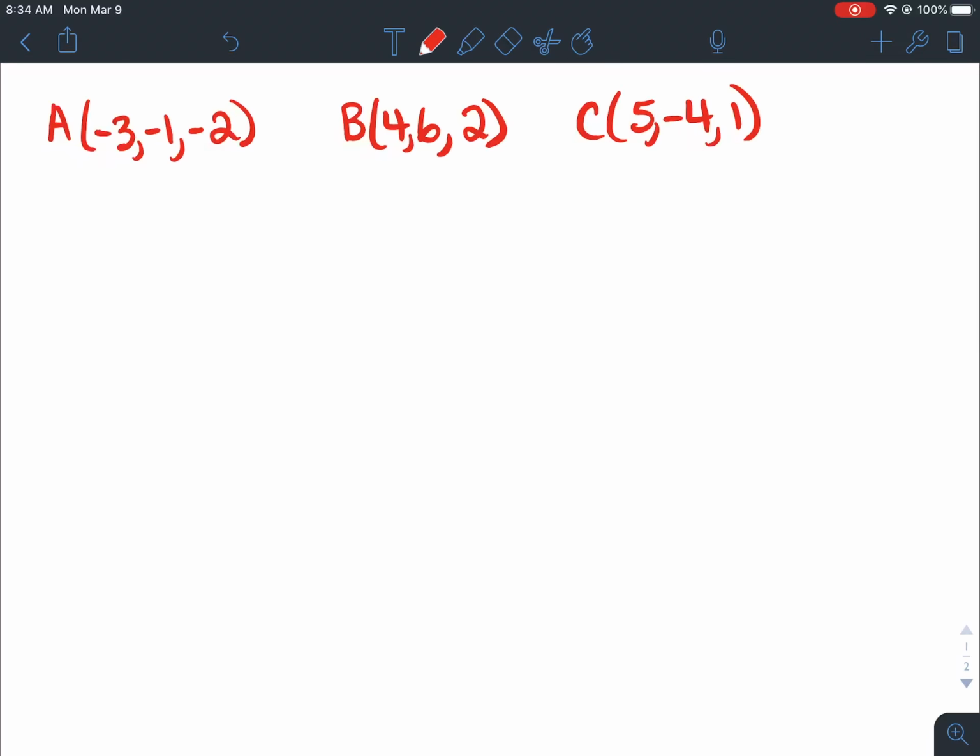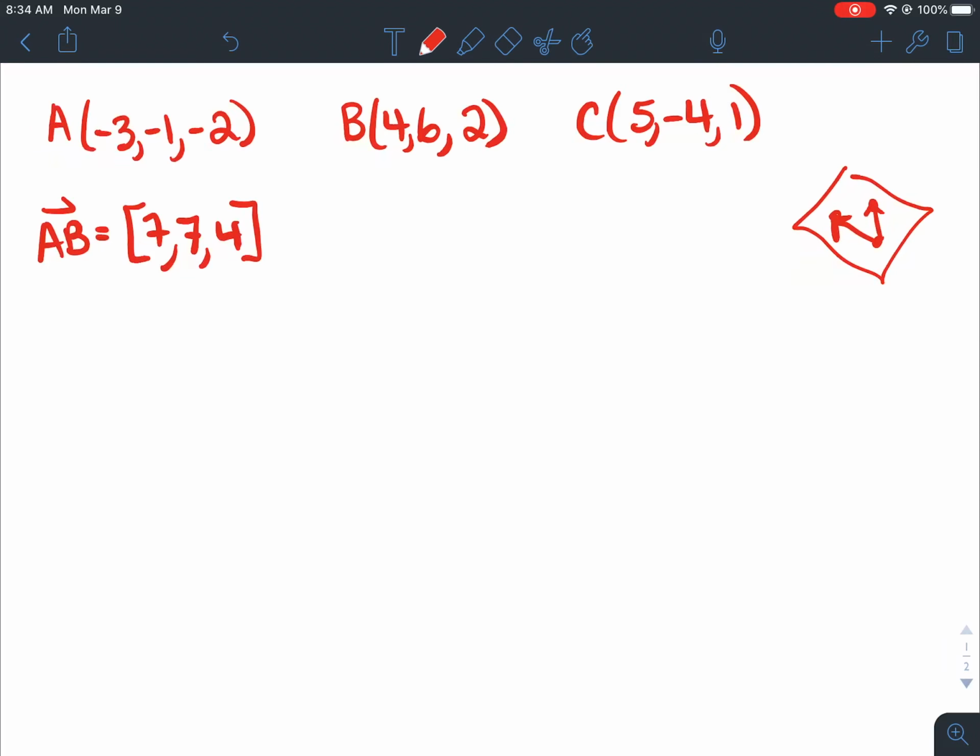Okay, so first we're going to need 2 direction vectors on our plane. So wherever we have 3 points on our plane, just pick 2 of them to make a direction vector, and then pick another 2 to make another direction vector. It doesn't matter which ones you pick. So let's just say we go for vector AB. So we want to create vector AB, so B minus A. That would give us 7, 7, 4.